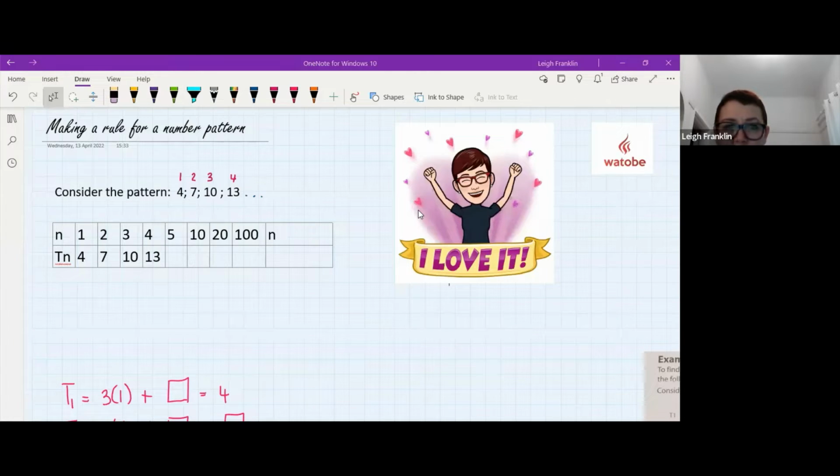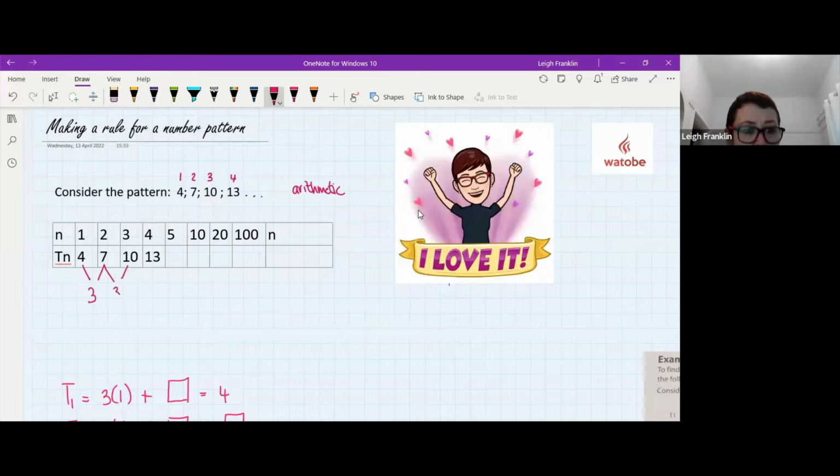I think it's arithmetic because, ma'am, we are adding. Absolutely, well done, Benolo. It's arithmetic because each time we go from one term to the next, we're adding. And how much are we adding? We are adding 3. 3 each time, that's really good.